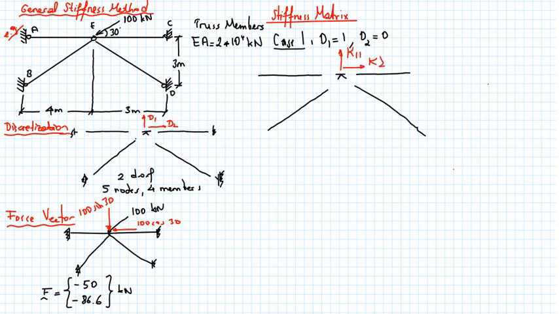Sorry, let me write it in a better way. So K21 to keep the horizontal translation equal to 0.